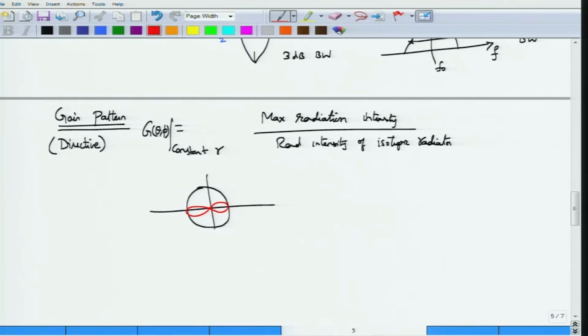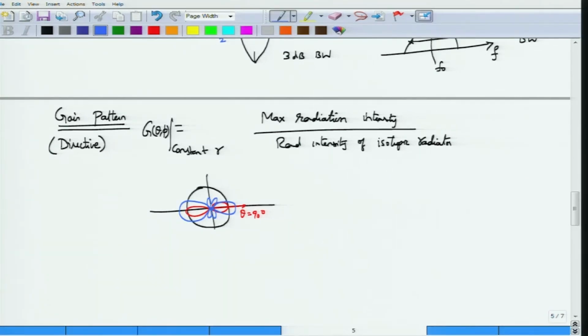Sometimes you can also talk of maximum gain. For example, maximum gain occurs here in this case for theta equal to 90 degrees, and it would be equal to this ratio, this one divided by the isotropic gain at that point. Of course, you can also have an antenna whose pattern would look like this, then you will have a gain pattern that is also suitably defined.